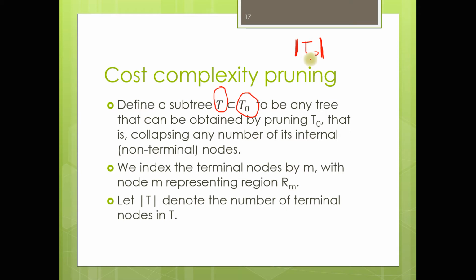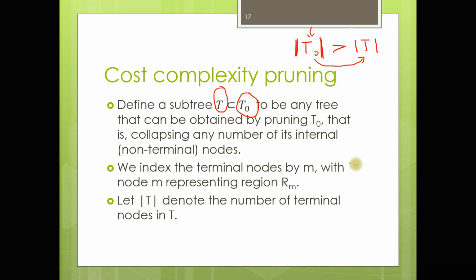The number of terminal nodes for the fully grown tree, which is defined as T0, the large tree, will obviously be greater than the number of terminal nodes for a subtree T, which means that when you are pruning a tree, you will move from T0 to T, where T represents a smaller tree with fewer terminal nodes, obviously.